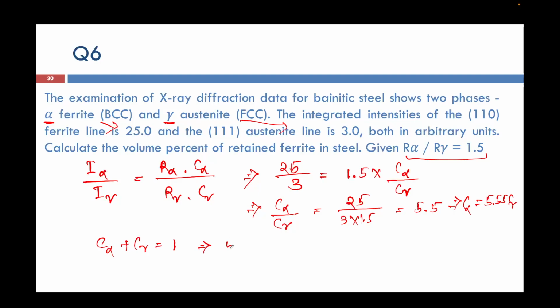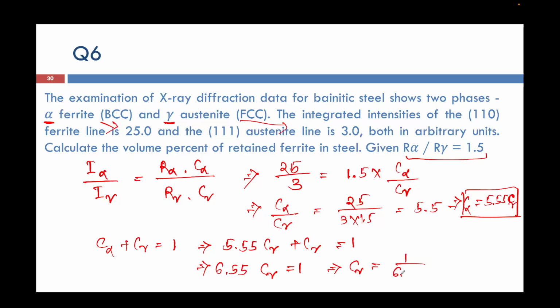That means 5.55 C gamma plus C gamma is equal to 1, so 6.55 C gamma will be 1. C gamma will be 1 by 6.55, and subsequently you can calculate C alpha as well. C gamma might come somewhere close to 15%, and C alpha somewhere close to 85%. It should come like that. Okay.